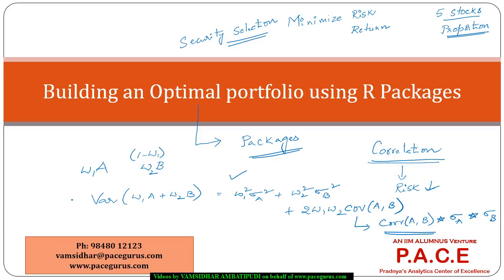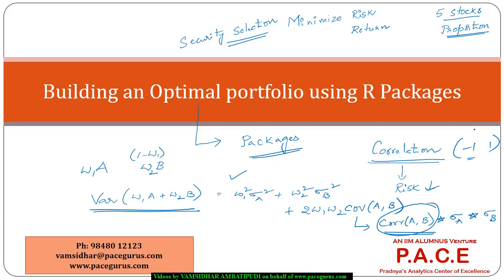So the higher the correlation, the higher the variance of the portfolio, and vice versa. The variance can be very much reduced if the correlation is very negative. And we know that the correlation lies between +1 and -1. If the correlation is very close to -1, I can reduce the overall variance of the portfolio and take it close to 0 as well.